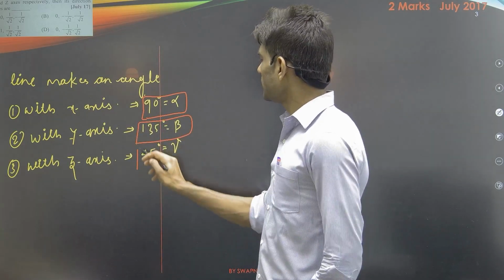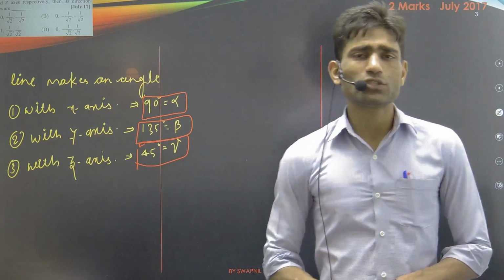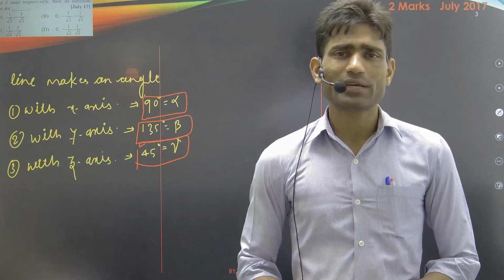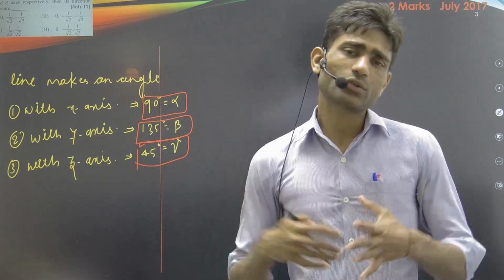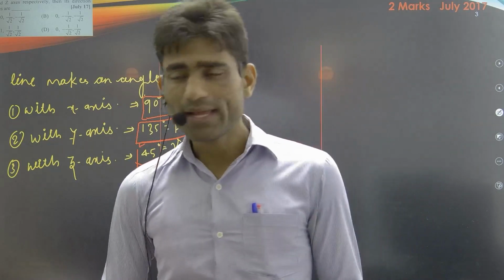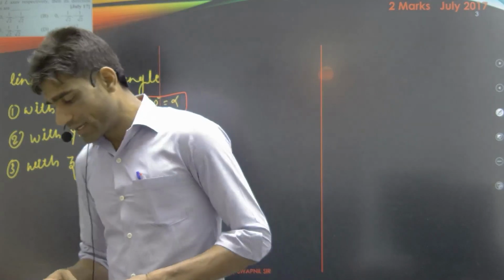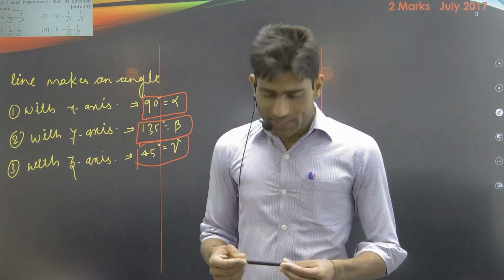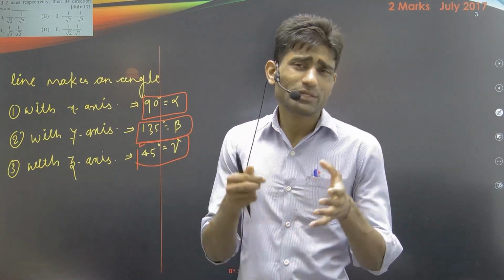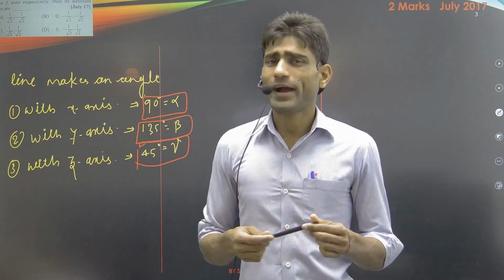The direction cosines of the line are represented as l, m, n, where l square is cos square alpha, m square is cos square beta, and n square is cos square gamma. That means we directly take l as cos alpha, and we don't have to go for finding its square.